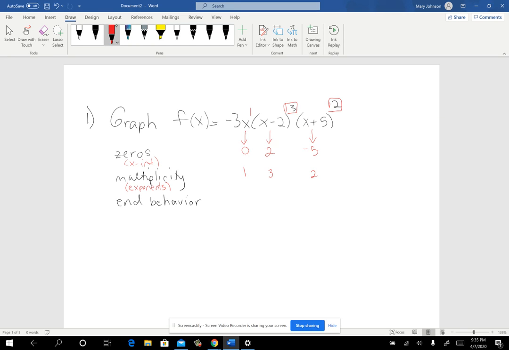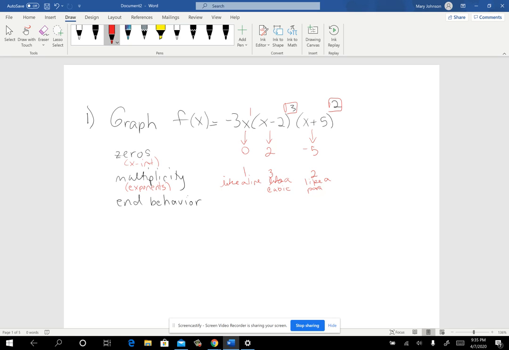So since 0 has an exponent of 1, it's going to be like a line. This one's going to be like a cubic. Hope you can read my writing. And then this one's going to be like a parabola.